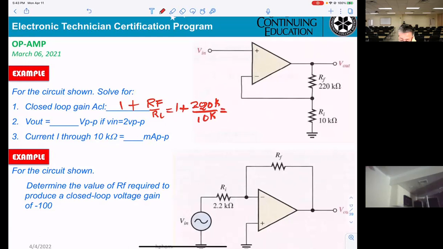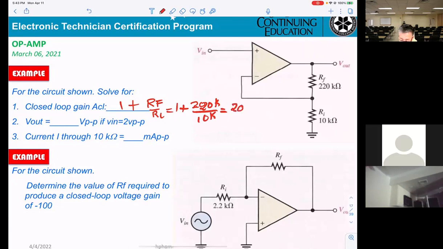So what do you get? 23, sorry. If you want V out, you take the V in times 23.